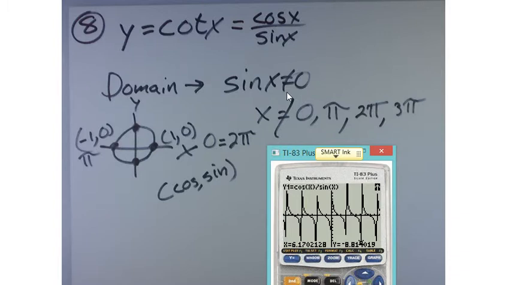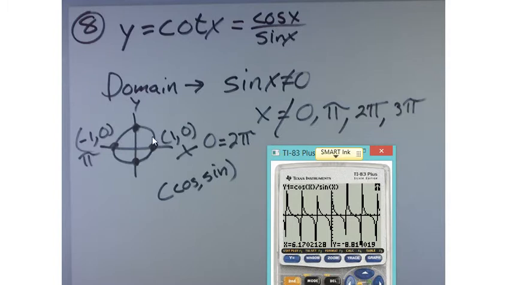Well, when does sine of x equal 0? If we look at our unit circle, the points on the unit circle where the y value is equal to 0 determine when sine is equal to 0, right? So that occurs at 0 and pi. If we come around full circle, that's 2 pi.